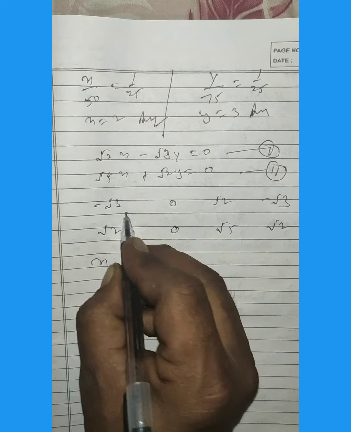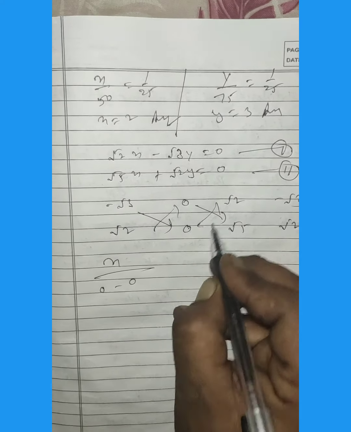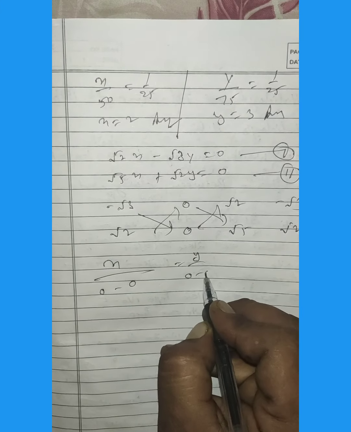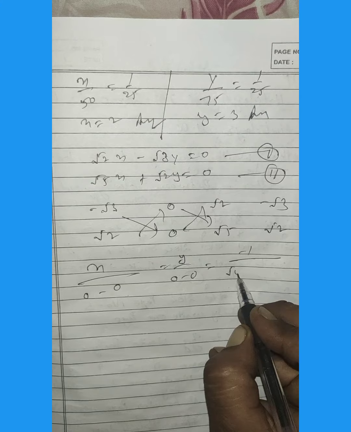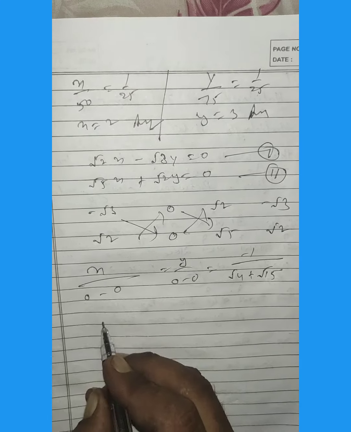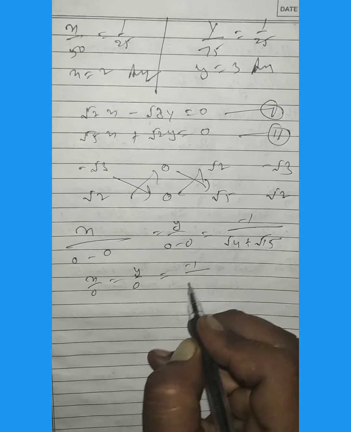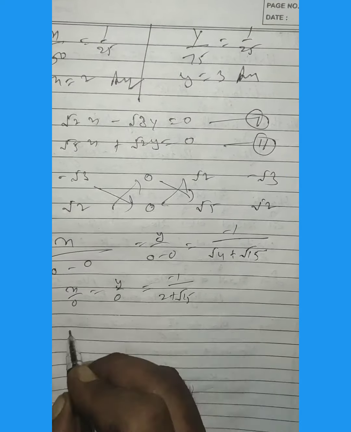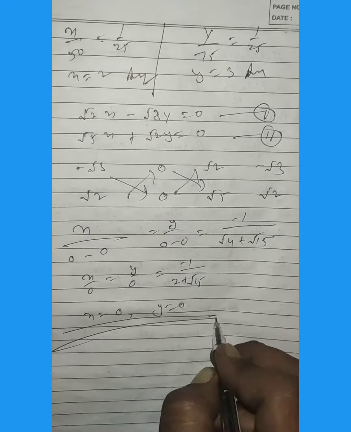Then x over this one 0 and 0, 0 minus 0, then minus 1 over under root 4 plus under root 15. x over 0, y over 0, minus 1 over 2 plus under root 15. It means x is equal to 0 and y is equal to 0 is the answer.